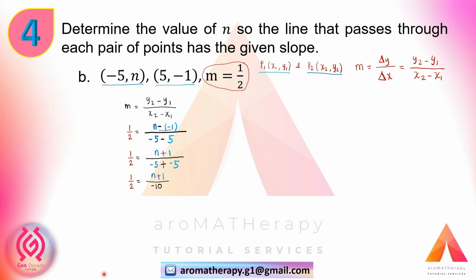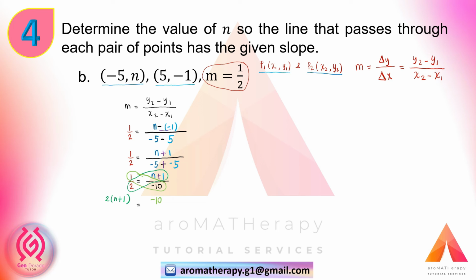So again, let's cross-multiply this one in solving for n. So you write 2 times quantity n plus 1 is equal to negative 10, since 1 times negative 10 is equal to negative 10.